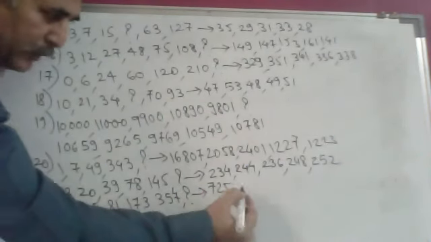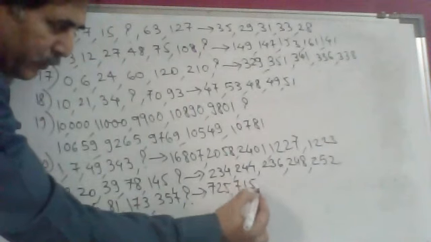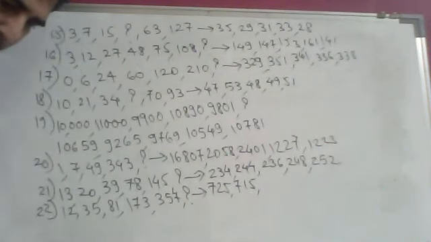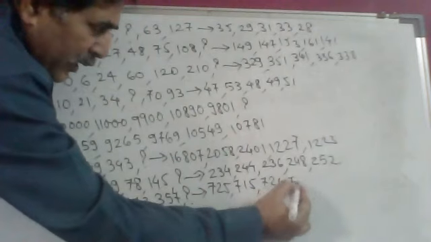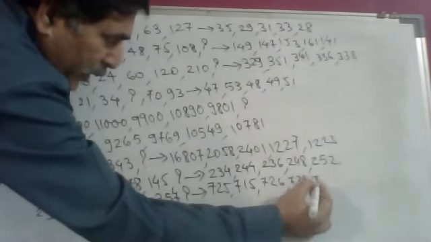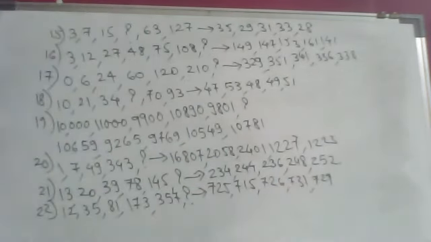Options are 725, 715, 726, 736, and 729. Take this question as homework. Try to solve this question at home. 3, 5, 8 questions. Take this as a homework.